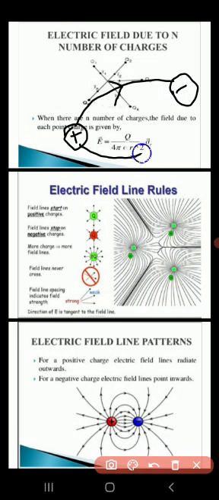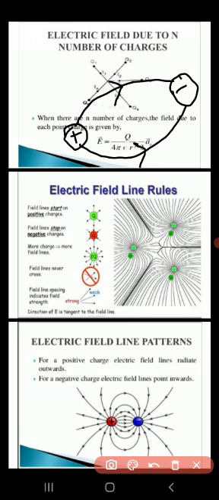First, they do not form a closed loop. See the diagram once again. Electric field lines start from the positive charge and end at negative charge. So it is a curved line, it is not a loop. So electric field lines can never produce a circular loop.